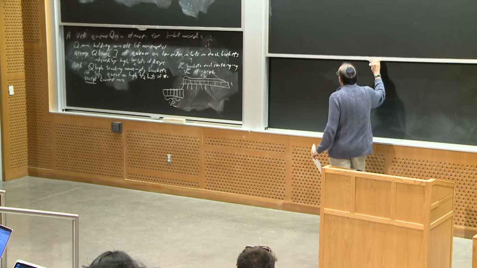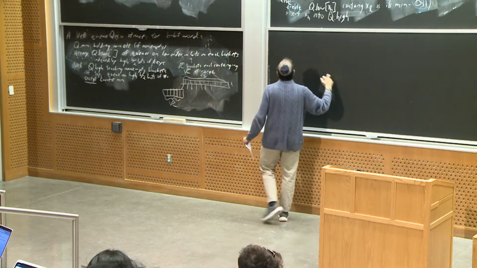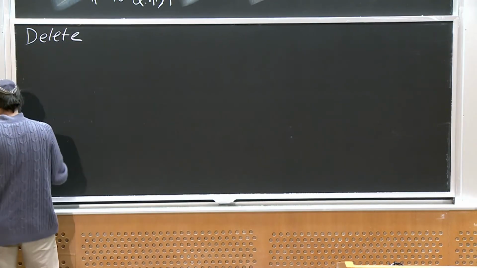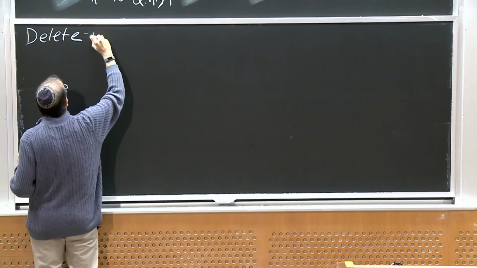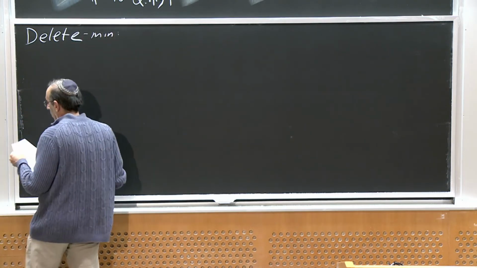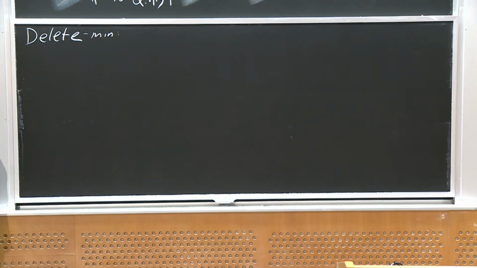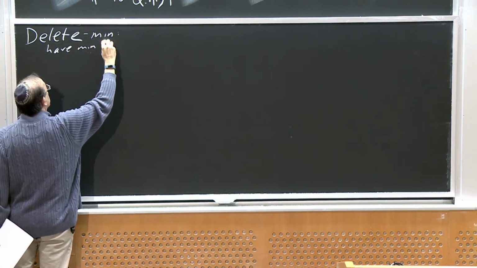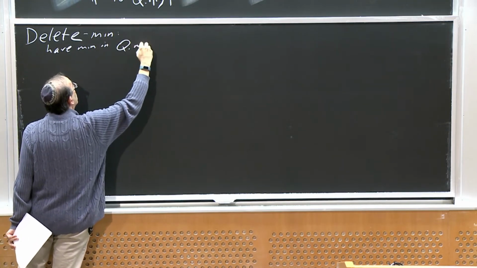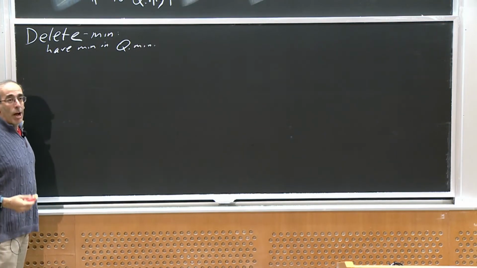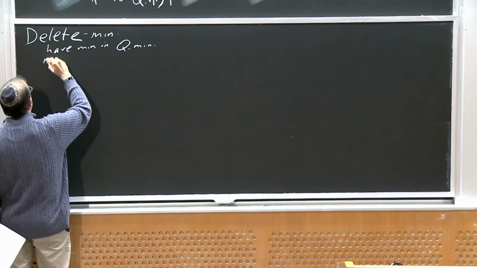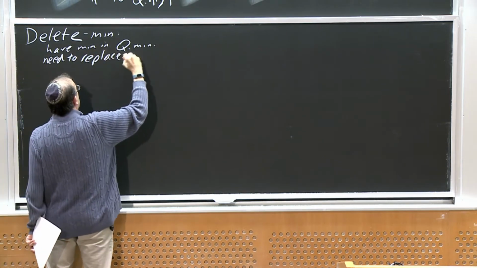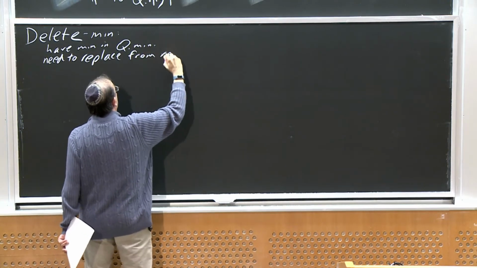Let's do the converse. How do we implement delete min? Okay. Well, with delete min, we already have the min. The problem is that when we delete it, we need to replace it from the recursive structures.